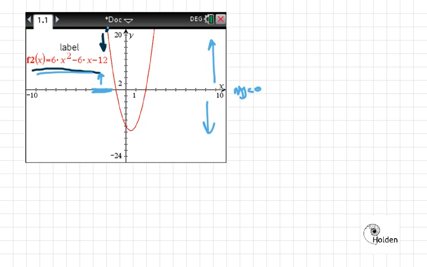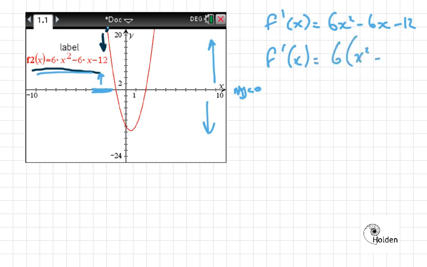Algebraically, we've got f prime of x is equal to 6x squared minus 6x minus 12. Common factor: let's take 6 out, so we're left with x squared minus x minus 2. We can factorize this as well, so now we've got (x minus 2)(x plus 1).